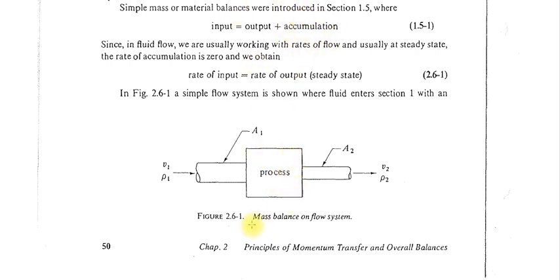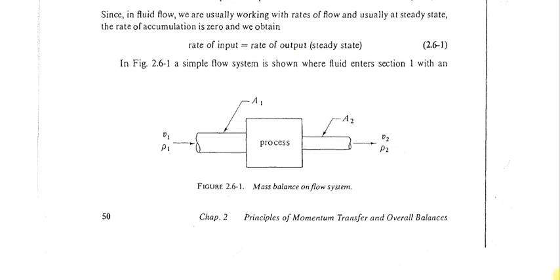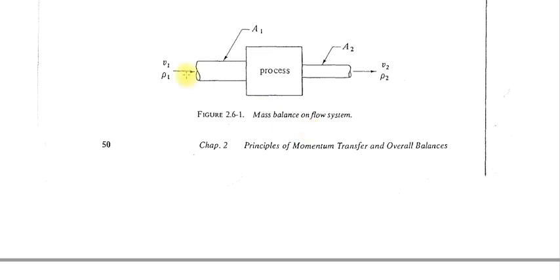There is no accumulation in the system at steady state, same as we did for the microscopic balance. So at steady state, the rate of mass input equals the rate of mass output. If rho is the density, then you can write the mass flow rate m equal to rho1 v1 a1. Rho is the mass per volume, the density, that is kg per meter cube.